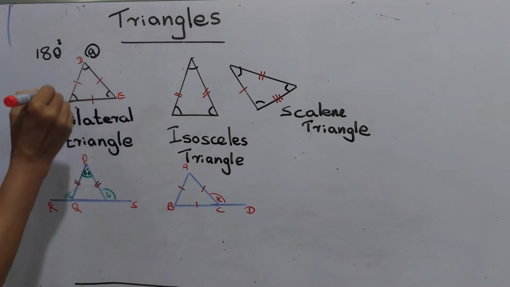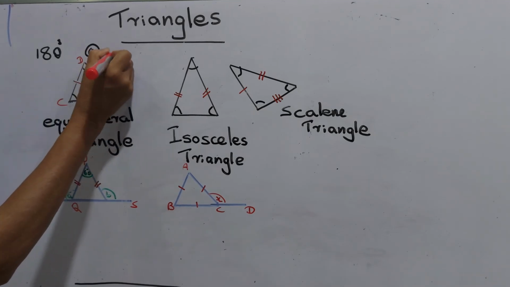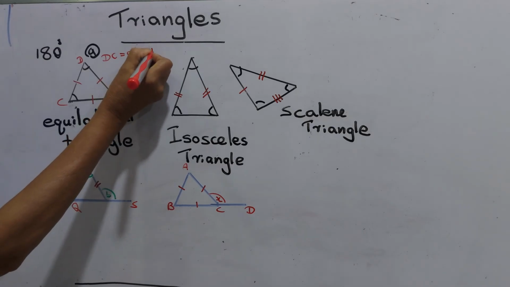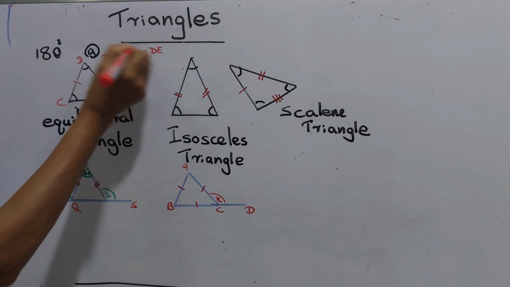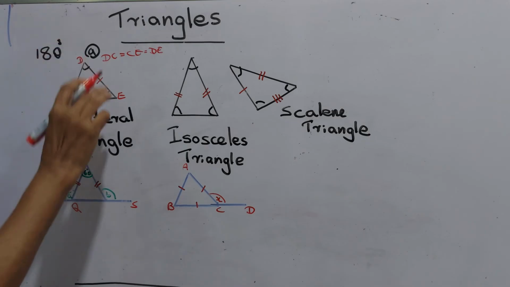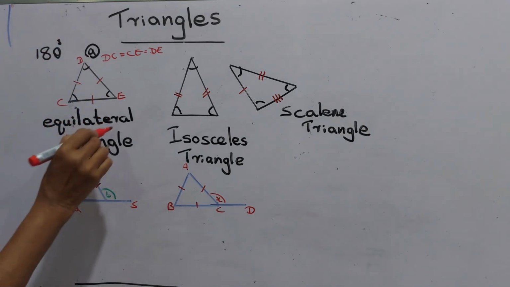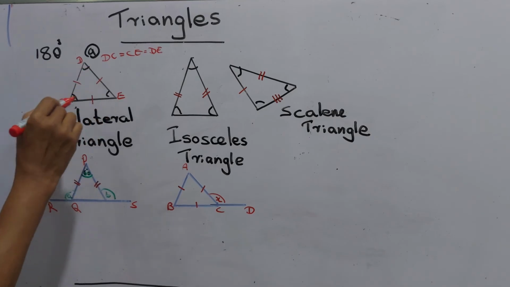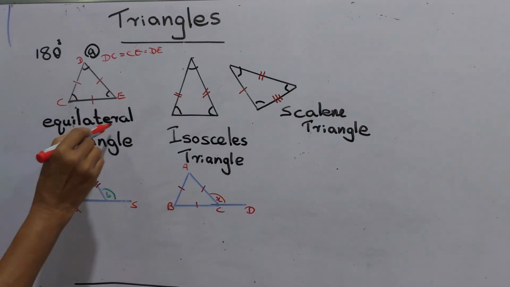In this triangle, DC equals CE equals DE. All three sides are equal, so we name it an equilateral triangle. If all the sides are equal in a triangle, we name it an equilateral triangle.